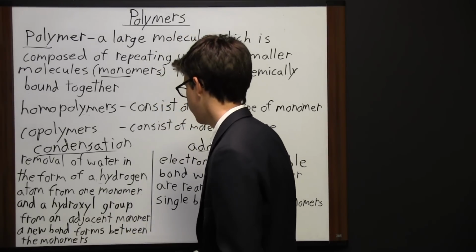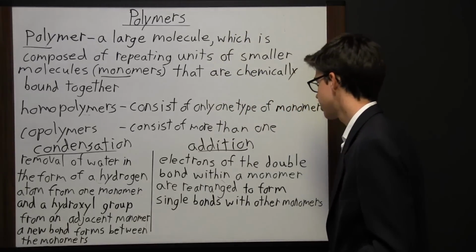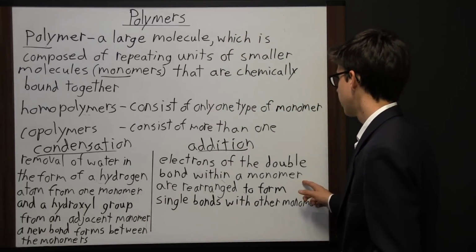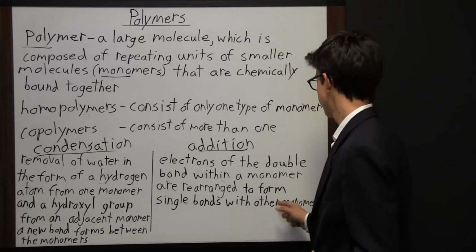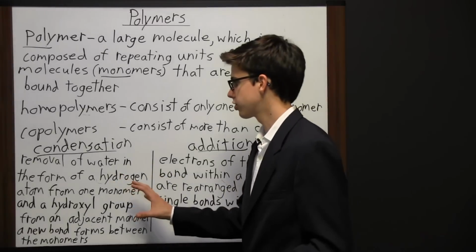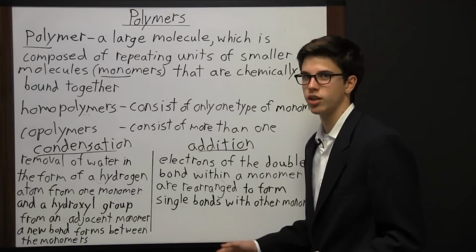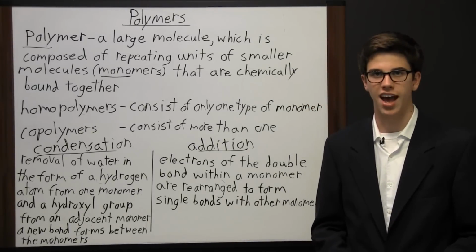So a new bond forms between those monomers. Now, addition works by the electrons of the double bond within a monomer being rearranged to form single bonds with other monomers. So basically, you're altering the chemical makeup of these monomers to form new bonds between monomers. And so that's a look at polymers.